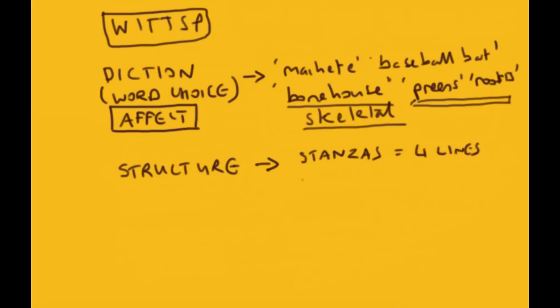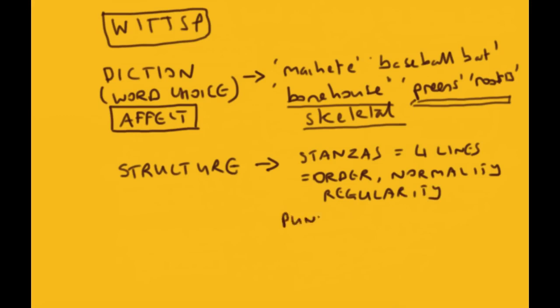What does this indicate? Or what does this suggest? It suggests an order. It suggests a normality, a regularity, for example.